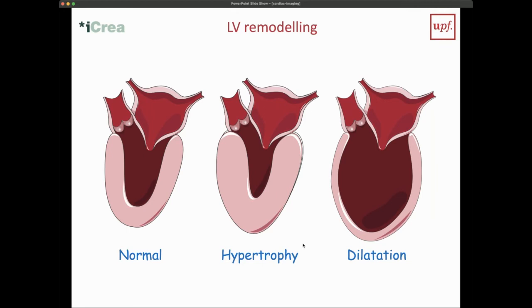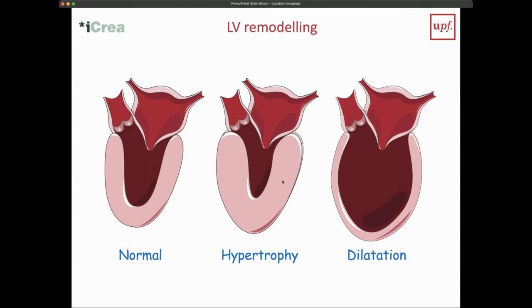And there are two specific types of remodeling which are the most common. One is called hypertrophy. That means that the wall is thickening, but it's thickening towards the inside. So at the same time as wall thickening, we also get a reduction in the size of the cavity inside. The other extreme is dilatation, where the heart starts to grow and the wall becomes thinner.